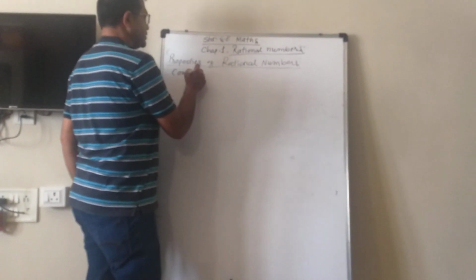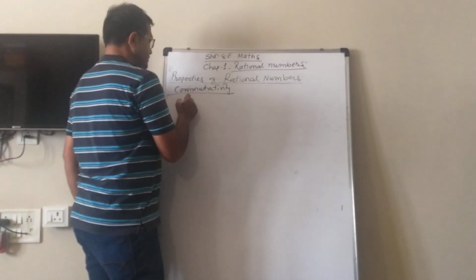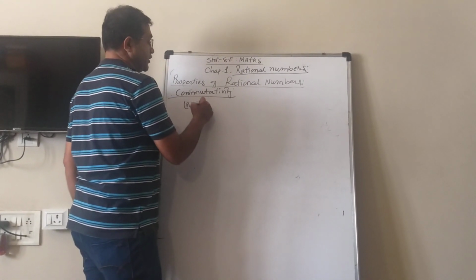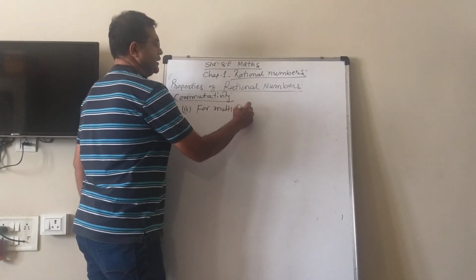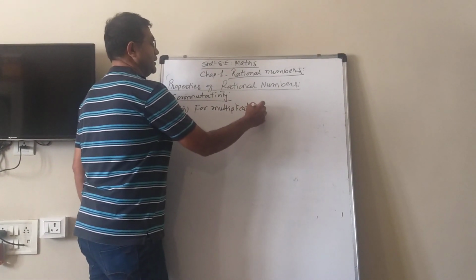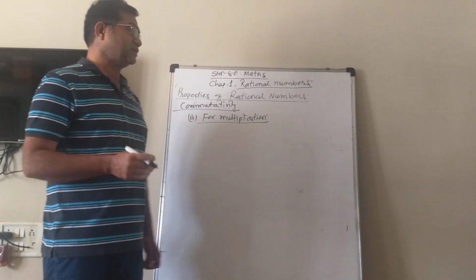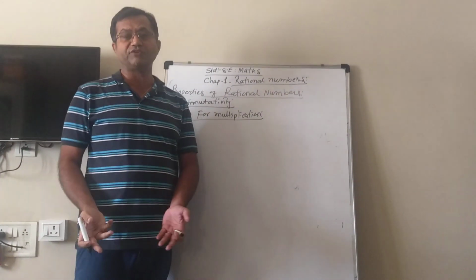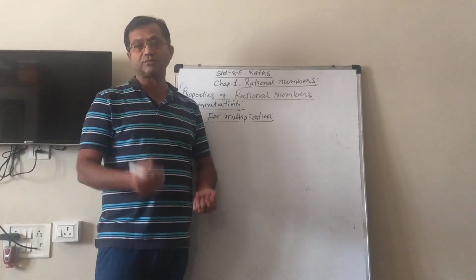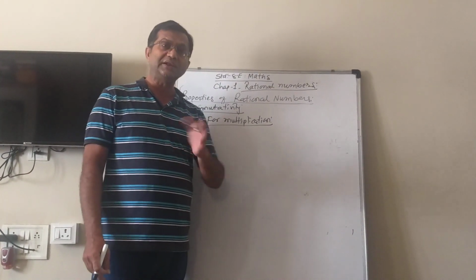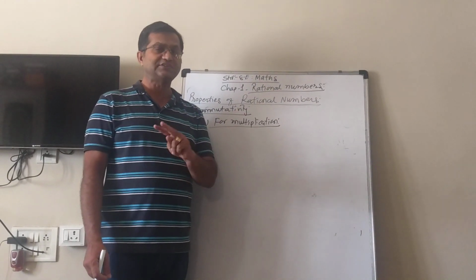We are looking for commutativity. So third, we will take multiplication. Now for integers, you already know about it, that 3 fives are 15, and if you reverse it, 5 threes also become 15. It means that in multiplication also, if you change the order, it doesn't matter.